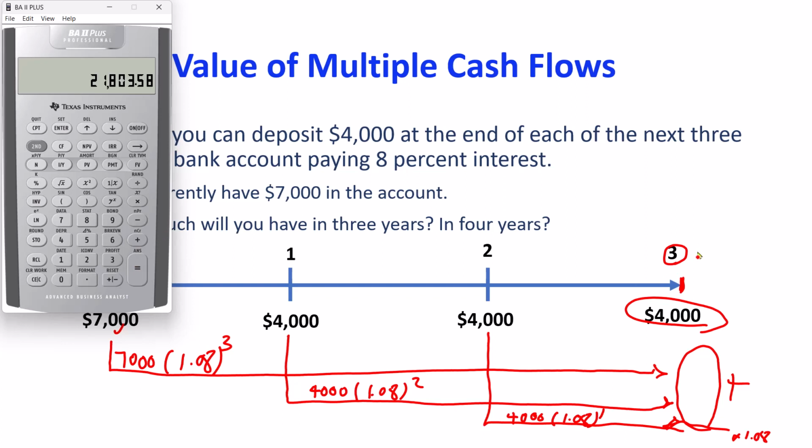So this is the value at the end of year 2, or in year 3. If you want to know what the value is in 4 years, you just multiply this by 1 plus the interest rate, or you multiply it by your future value factor, and that gives you 23,547.